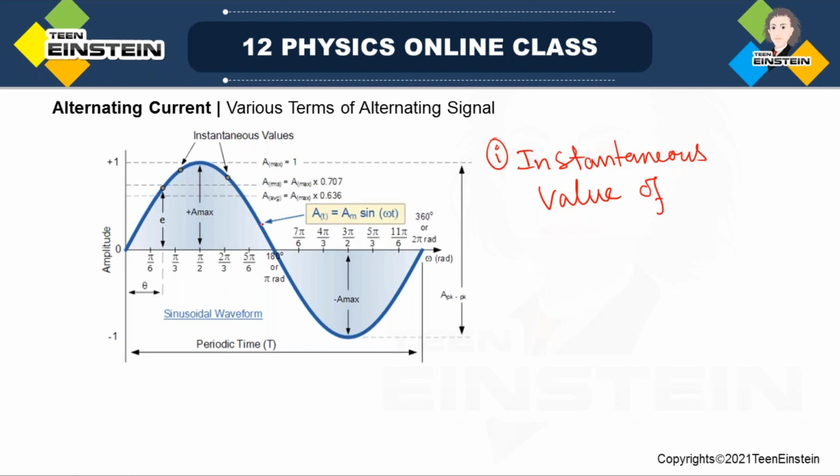Here I have taken, suppose, current, or any AC signal you can think of. So instantaneous value, we'll be learning what is called amplitude or peak value.